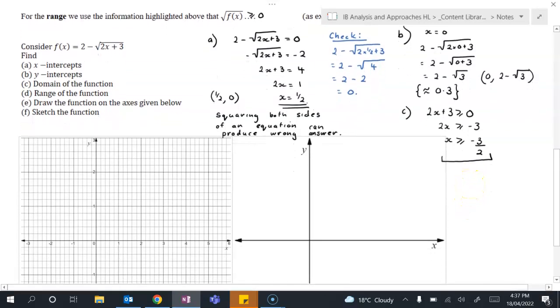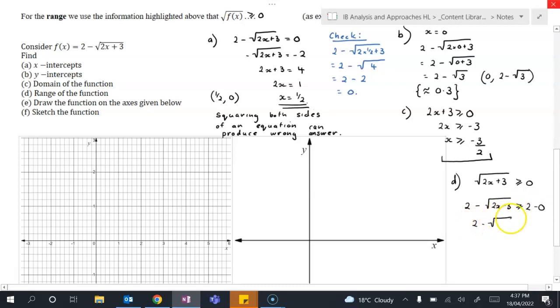Now what about my range? Well, the square root of 2x plus 3 has to be greater than or equal to 0. And so then if I'm doing 2 take that, it'll be 2 take the square root of 2x plus 3 greater than or equal to 2 take 0.